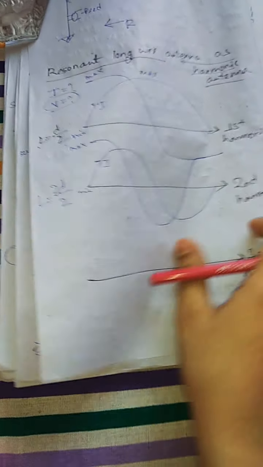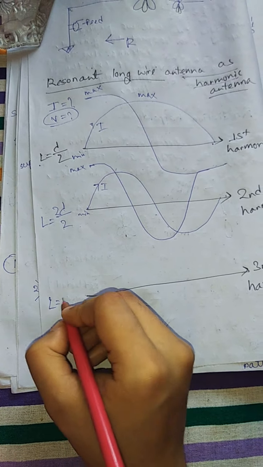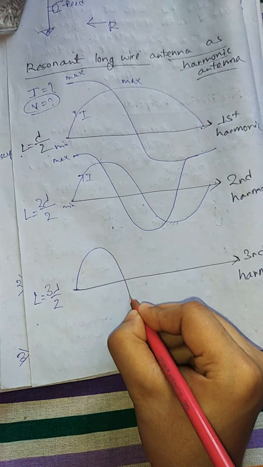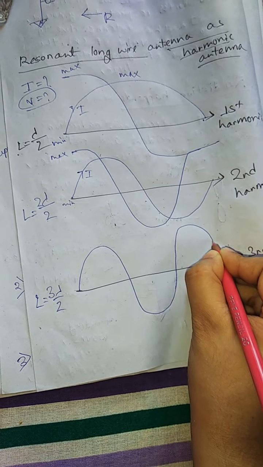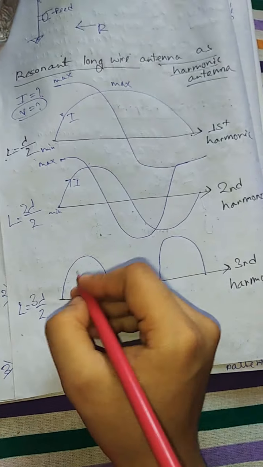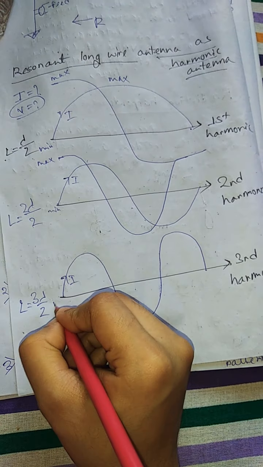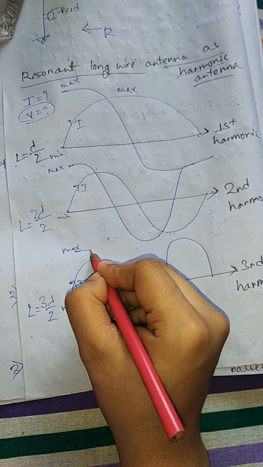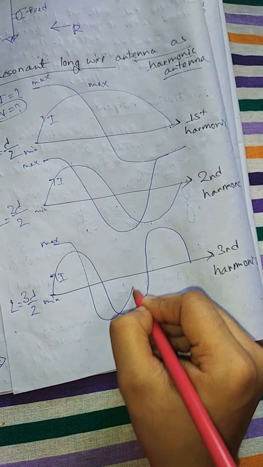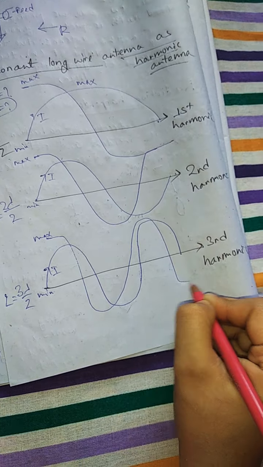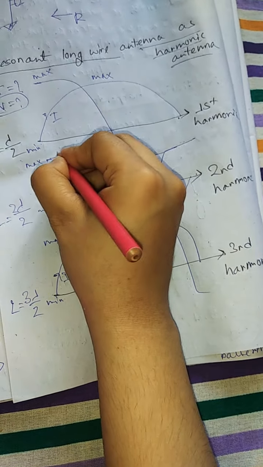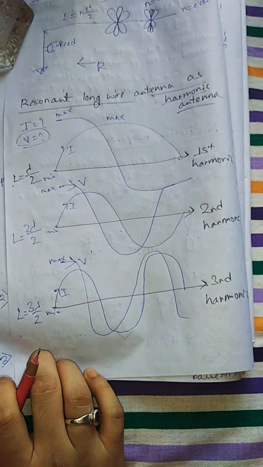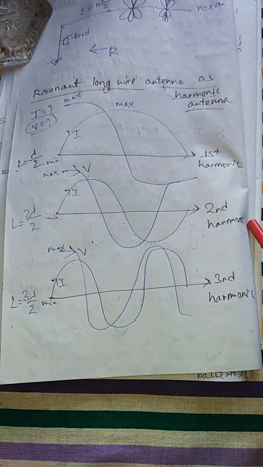If L is equal to 3 lambda by 2, the current completes this type of waveform, and the voltage starts with maximum and completes like this. This is the resonant long wave antenna as a harmonic antenna for the first, second and third harmonics.